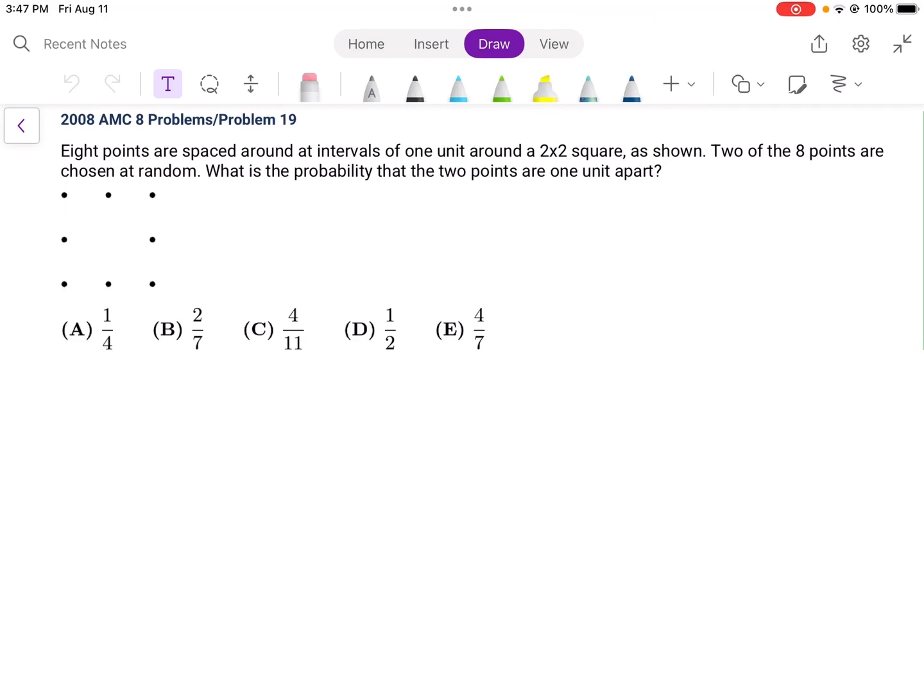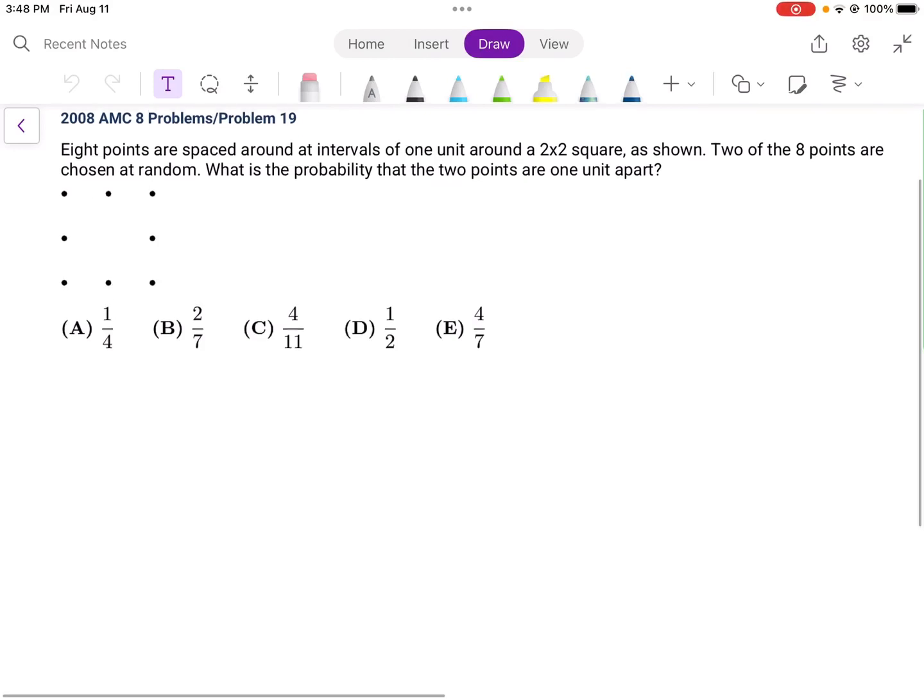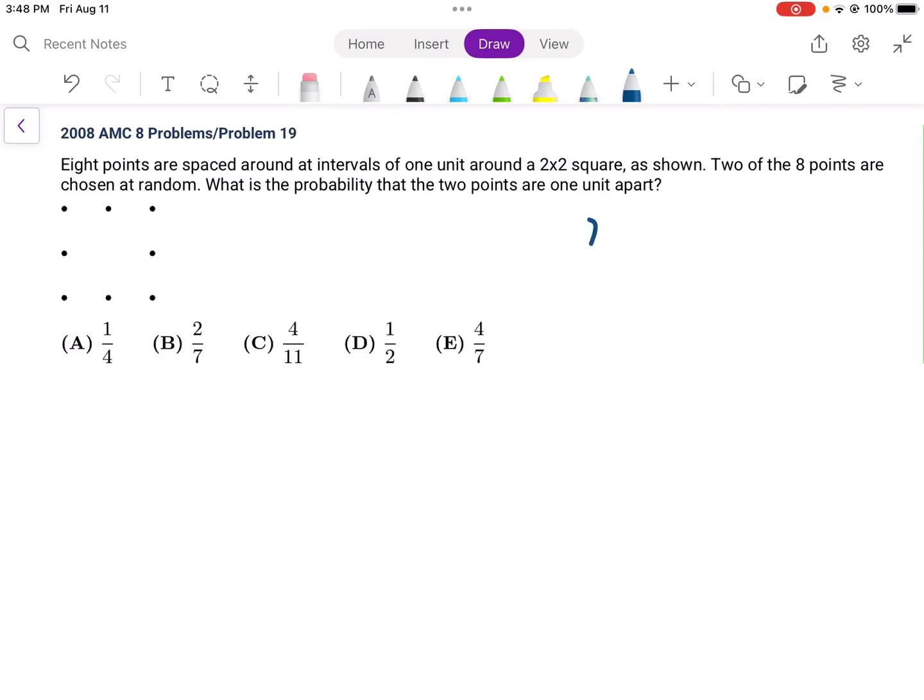Problem 19. We can say that if the points are 1 unit apart, for each of the 8 points, we have 8 choices, and then we can choose the other point. We have 2 choices for the neighboring points.